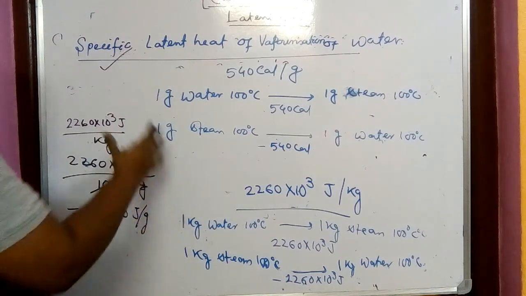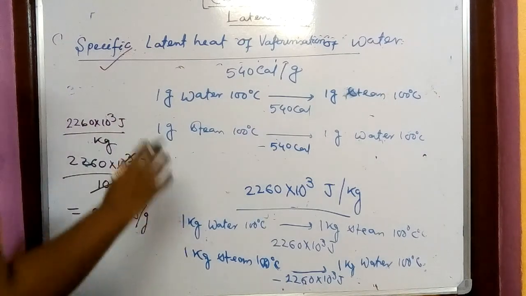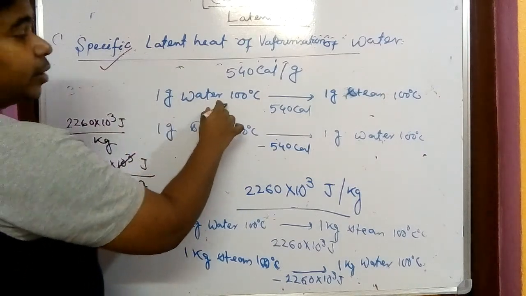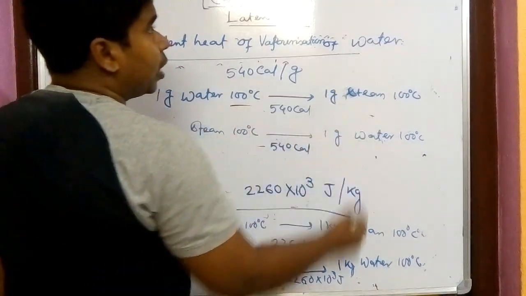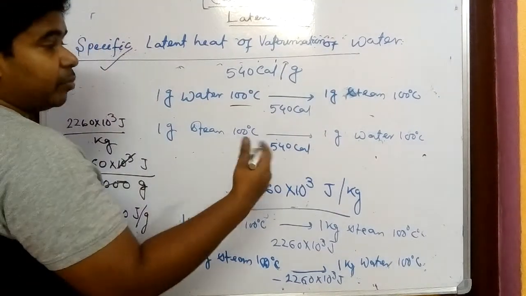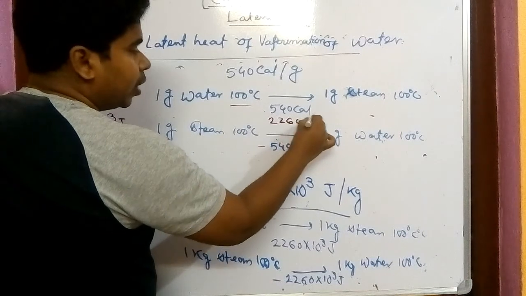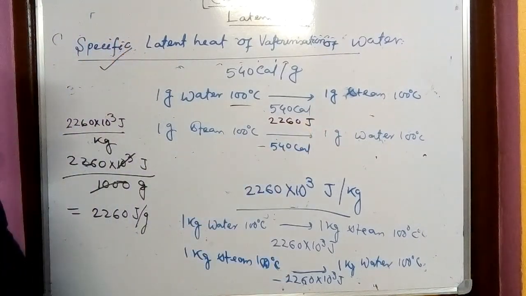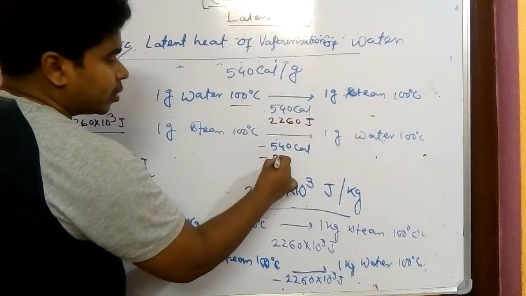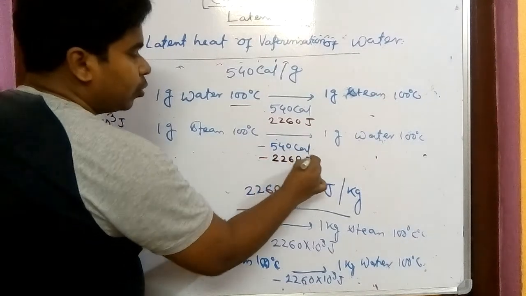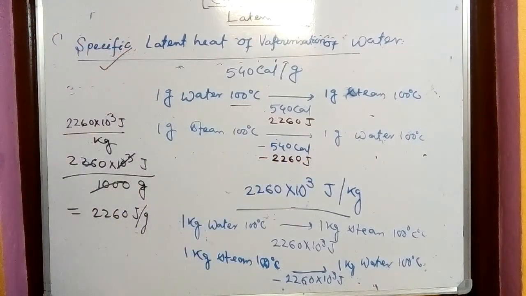Another way, to convert 1 gram of water at 100 degrees centigrade to 1 gram of steam at 100 degrees centigrade, you have to supply 2260 joule of heat energy. Or, you have to extract 2260 joule of heat energy from 1 gram of steam to convert it to 1 gram of water at 100 degrees centigrade. So this value you have to remember.